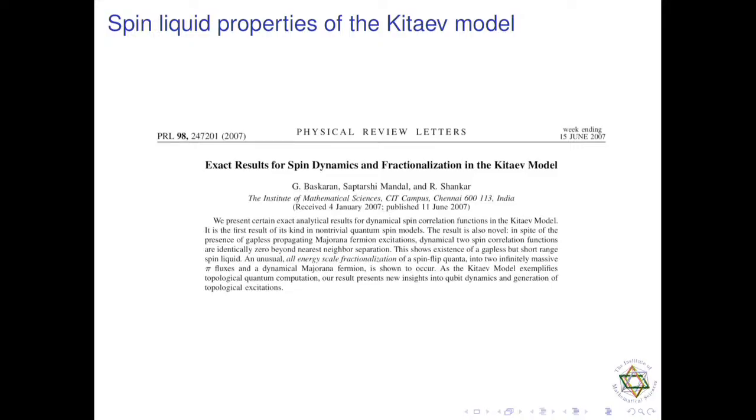So we had got some exact results for this, which showed that it was indeed a spin liquid. A spin liquid means that spin-spin correlation functions should die off exponentially, and there's no long range order. Here, of course, it does that, but it also does it in a very peculiar way, and that is what we brought out in this paper.